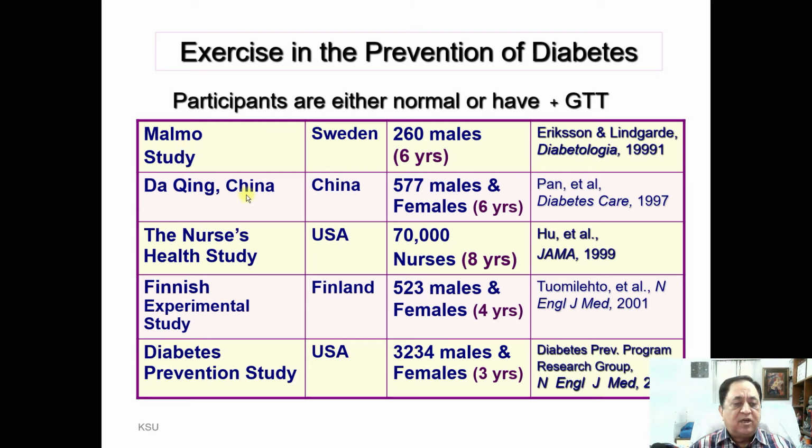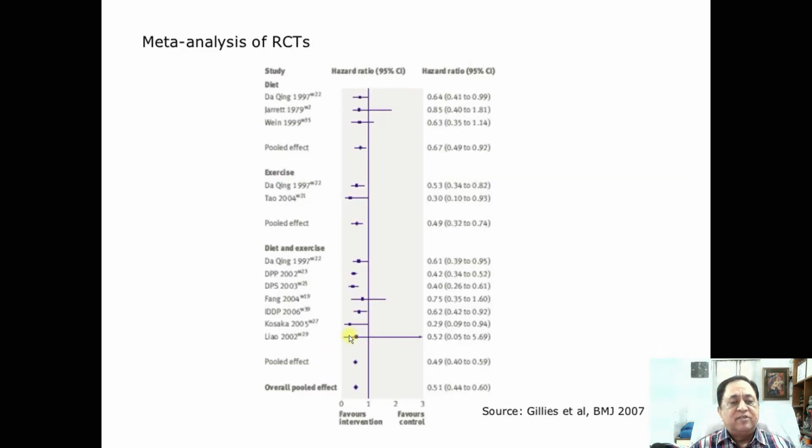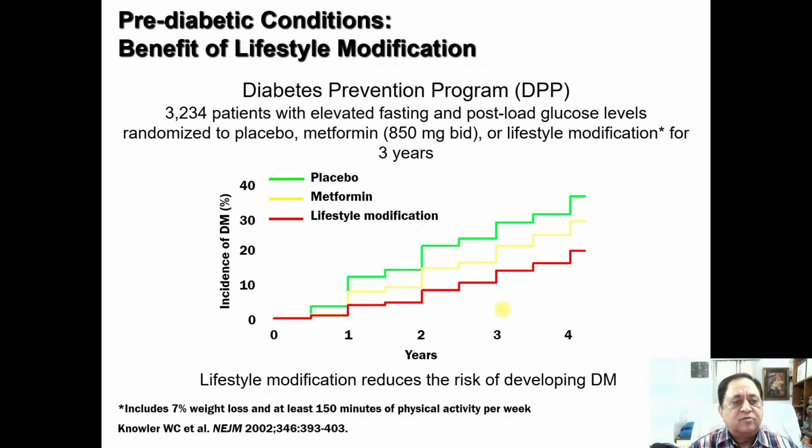So here are the few: Malmo, Dashing, Nurses Health, Finnish, and Diabetes Prevention Study, which clearly showed that physical activity is very, very important. And these are the meta-analyses which clearly show that randomized controlled trials are very efficacious in terms of benefits of physical activity to our patients who adhere to it and who seriously take them in their day-to-day life. There are many papers from different parts of the globe, as I told you before also.